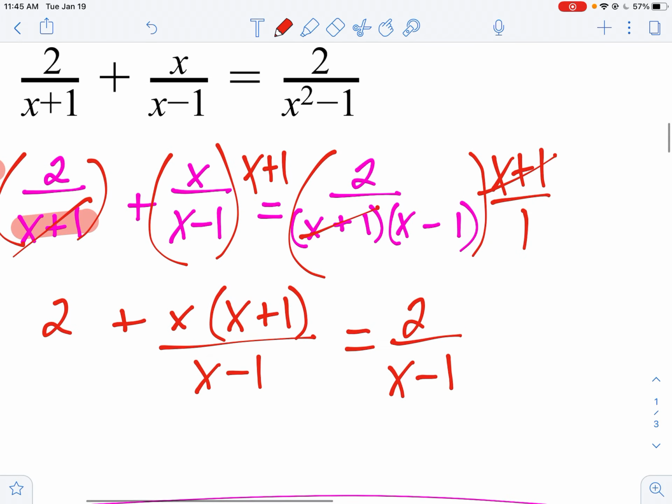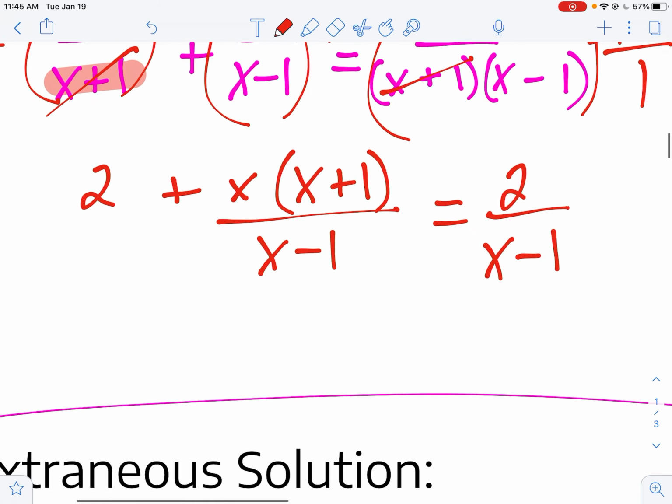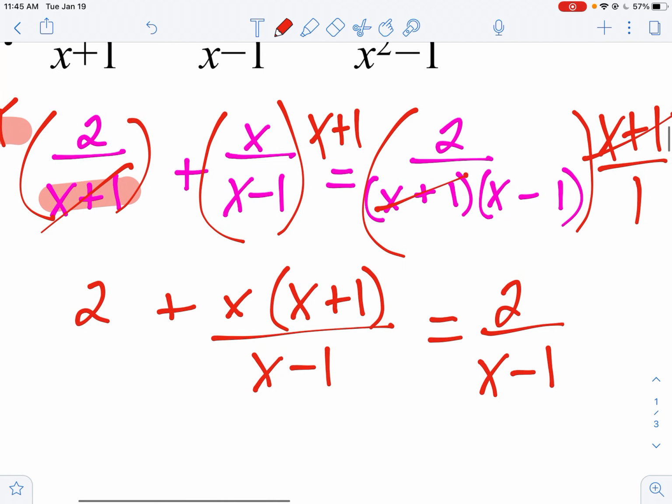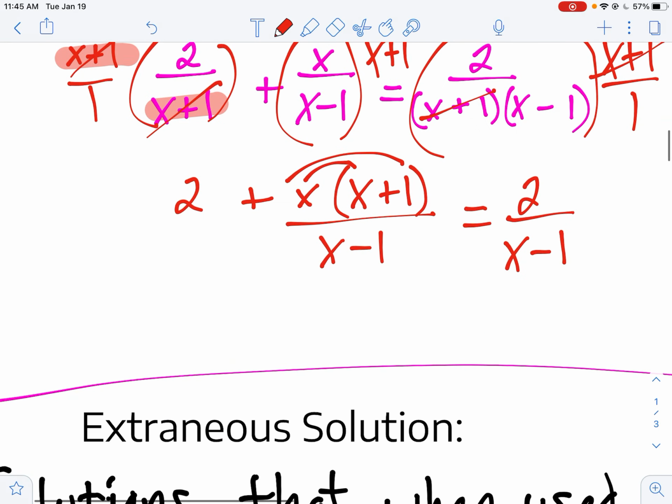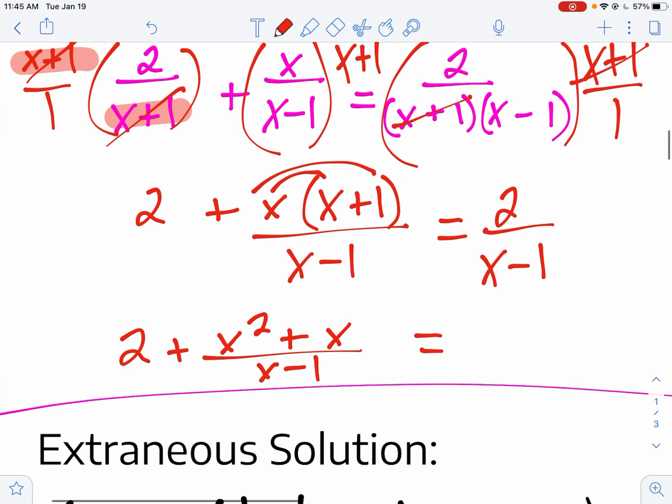Alright, now here's where I would go next. I'd probably simplify this. I've got x times x, which gives me x squared. X times 1 gives me x. So I'm going to go 2 plus x squared plus x, and that's all over x minus 1. And then I am going to have this equal 2 times x minus 1.